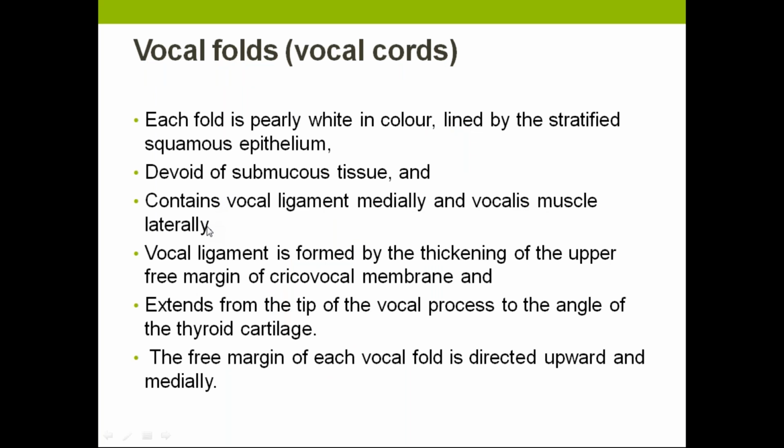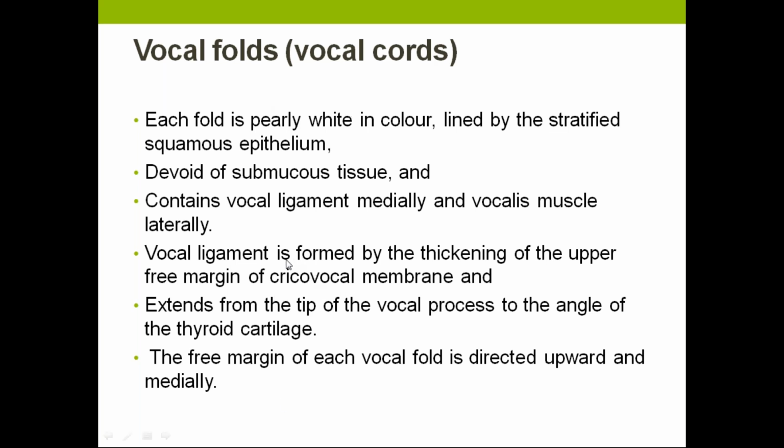The vocal ligament is covered by mucous membrane, that is called vocal fold or true vocal cord, which is pearly white in color and is lined by stratified squamous non-keratinized epithelium. As I already said, it is devoid of submucous tissue. The vocal fold consists of vocal ligament medially and vocalis muscle laterally.